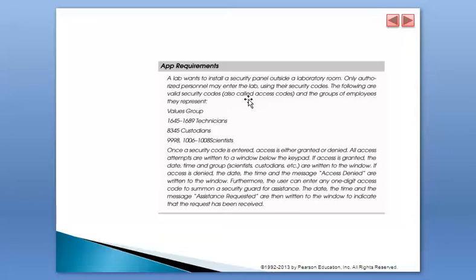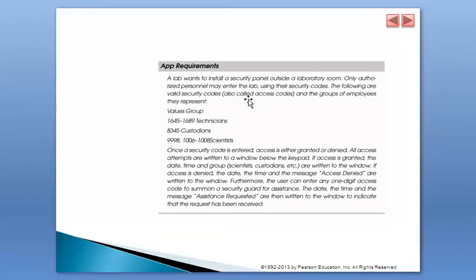That means if we key 1650, then we should give access to a technician. 8345 is a custodian, and 9998 is a scientist. The same with the range, and also those with the range 1006 to 1008. Anything else should be access denied or wrong.